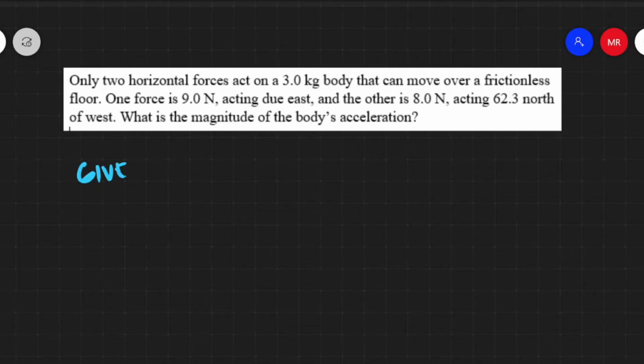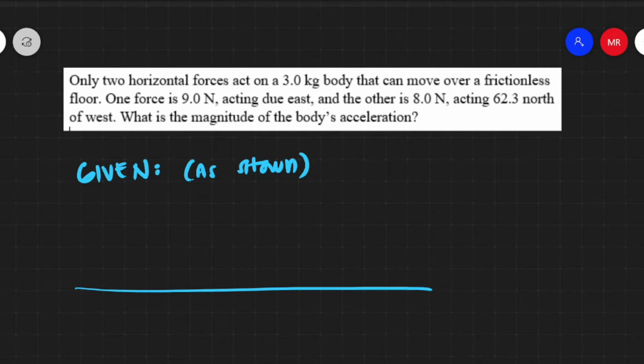Let us have first an illustration so we can understand it better. So let us draw our given as shown in the illustration. Let's say this is the body represented by this box. Then the mass is 3.0 kilograms.